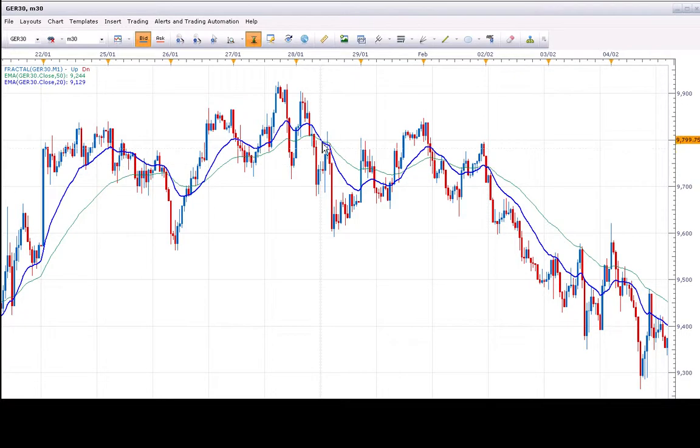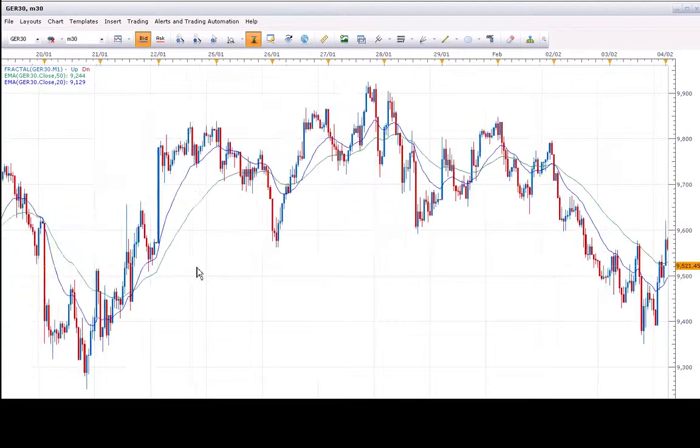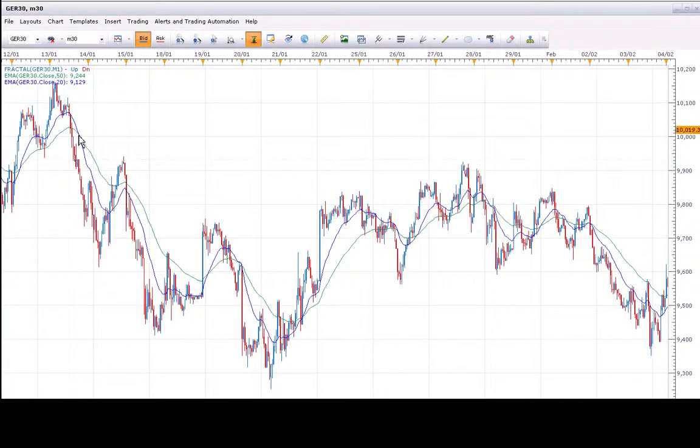Another one here. One there. One up there. So visually you can see a few of them. There was nearly one there, but it didn't quite get there. One here. So you'll notice that the blue line crossed above here, but we're not looking to buy. We're in a bearish market. So we're not trading the opposite direction of the trend. We're just following the trend only.